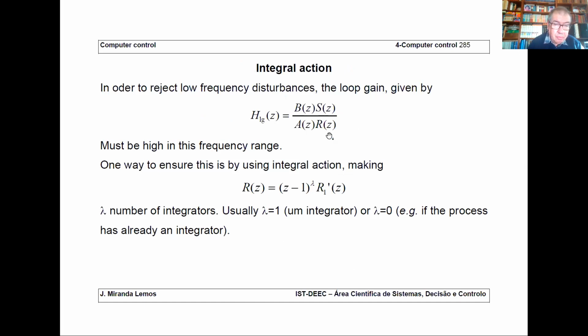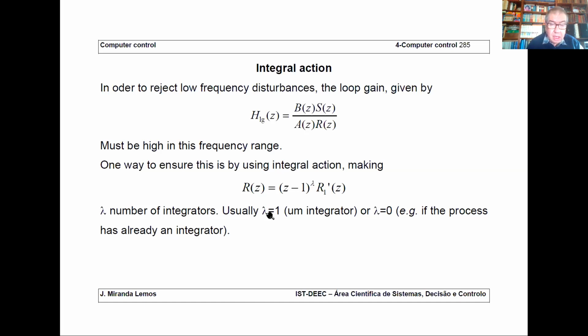And one thing that we can do is to force the loop gain to have integral action. So one thing that we want is to force this R polynomial to have a pole at 1. Remember that a pole at 1 means integral action, because it corresponds to adding something. So your R of z polynomial, or R of q if you want, is z minus 1 up to the power lambda, the number of integrators.